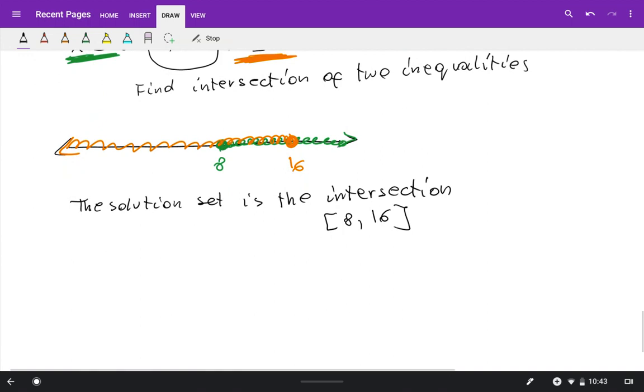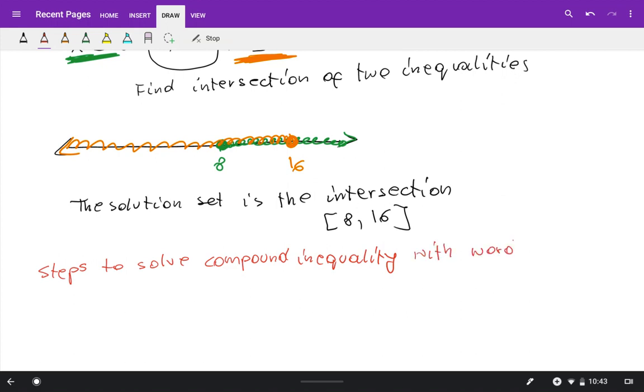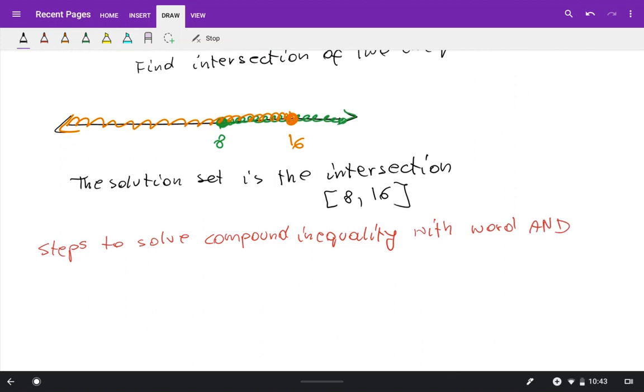Okay, so let me write the steps to solve a compound inequality with the word and. Okay, and remember intersection. So first, solve each inequality.